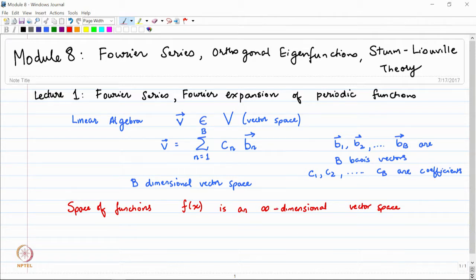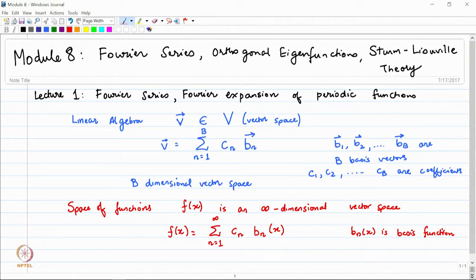So the dimensionality is infinite, and so we might be able to think of something like this: f of x is equal to the sum over n equal to 1 to infinity of C_n b_n of x. This b_n of x is a basis vector, but now this is a vector space of functions, so we will call it a basis function, and there are infinitely many of them. So this series goes all the way to infinity.